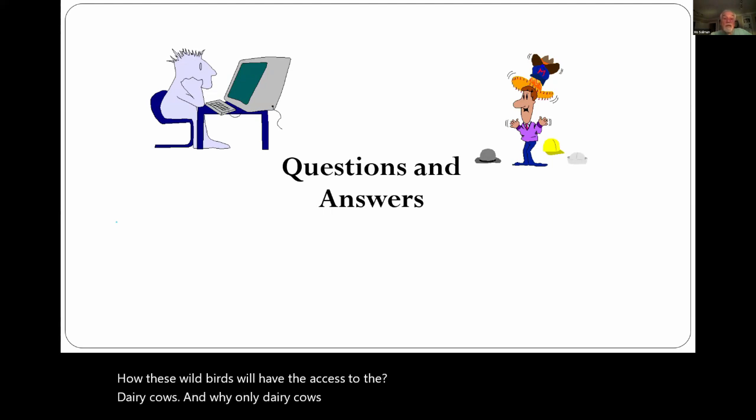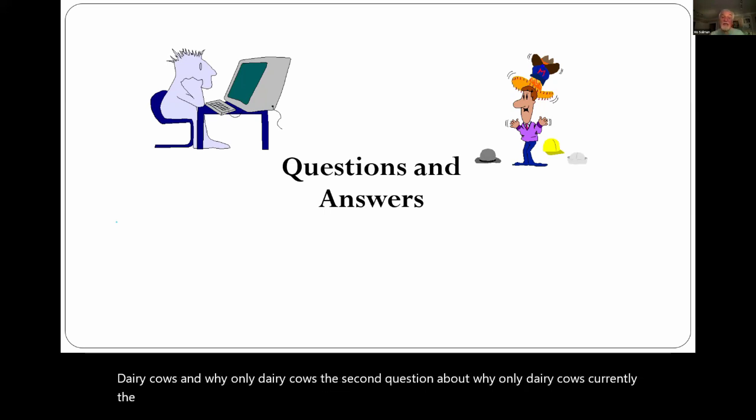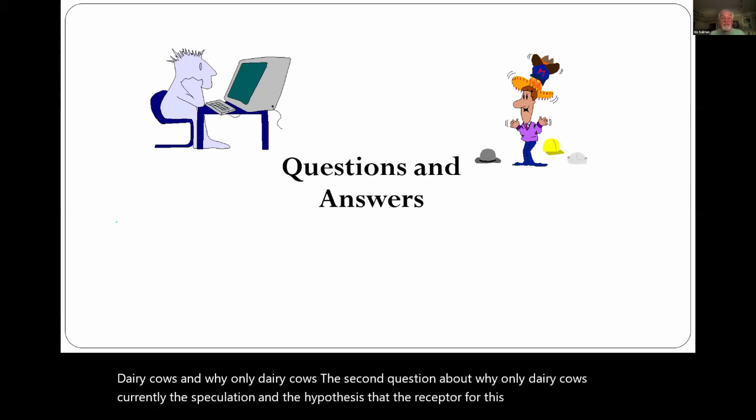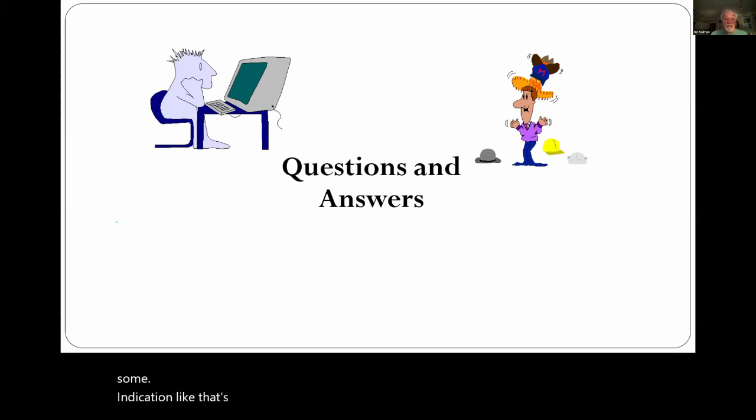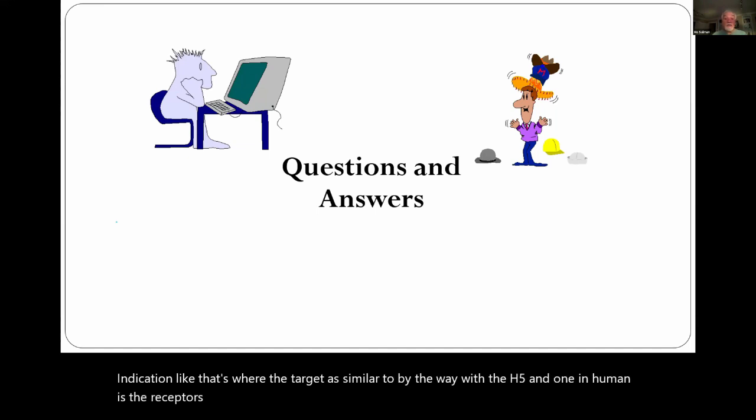The second question, about why only dairy cows: currently the hypothesis is that the receptor for this virus is only in specific epithelial cells in the mammary gland of the cows. That may be an indication of where the target is, similar, by the way, to H5N1 in humans, where the receptors are way deep in specific lung cells.